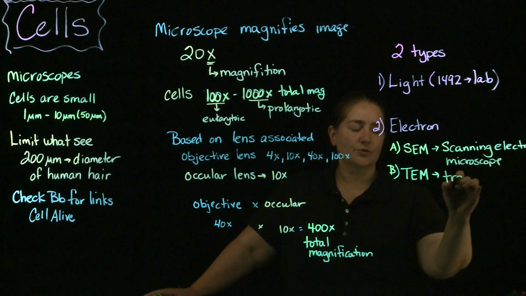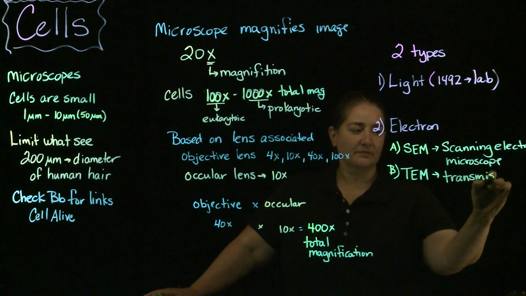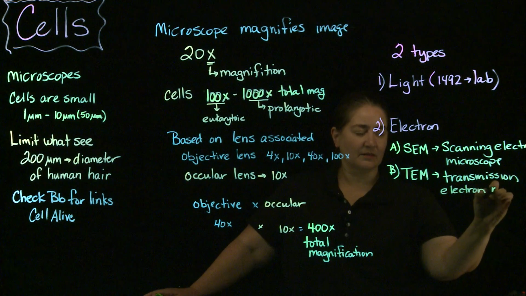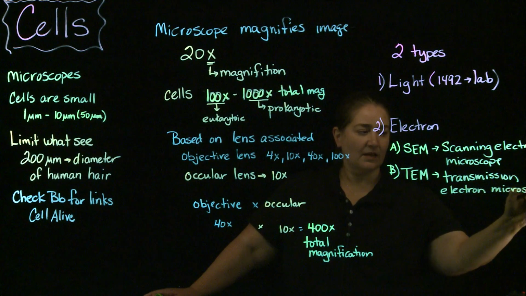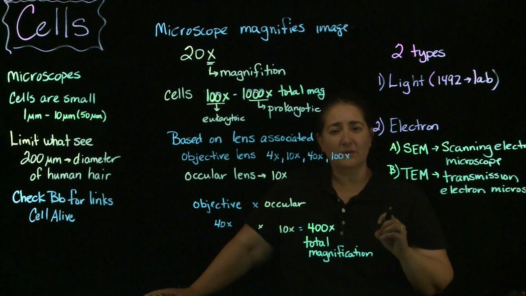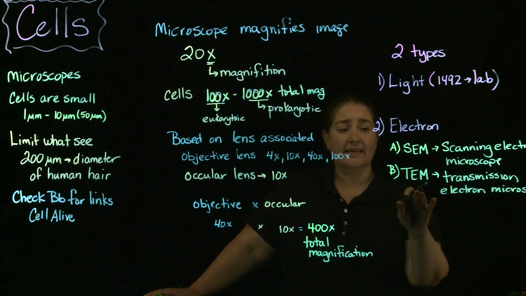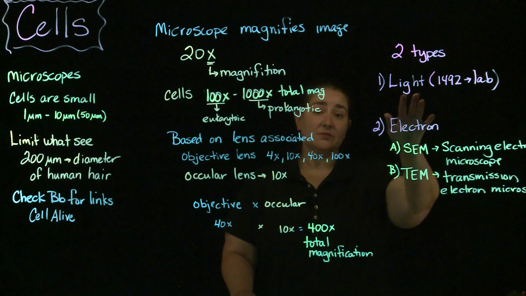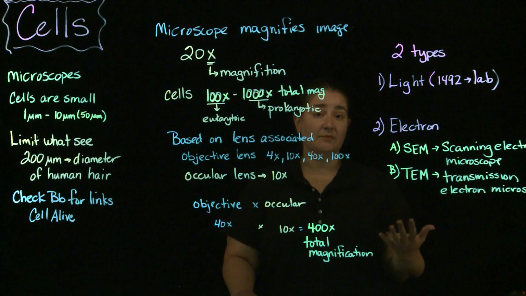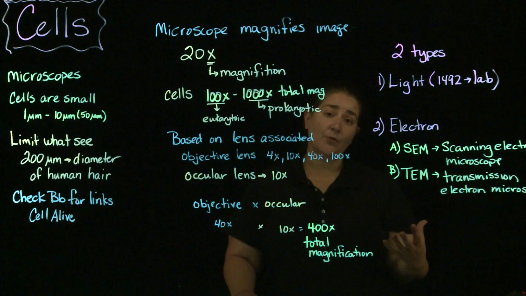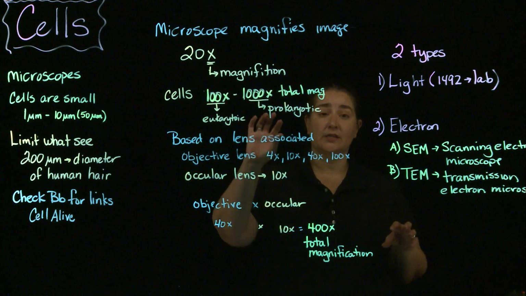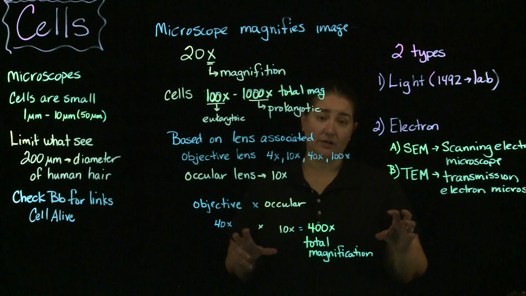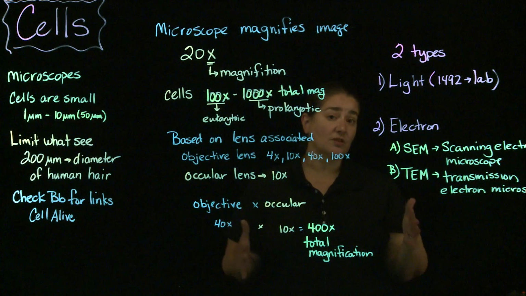The T stands for transmission. And there are going to be some differences in what you see between a scanning and a transmission electron microscope. Just like there'll be some differences you'll see as far as a light microscope. I have some images in the PowerPoint for you to look at on the differences between a light microscope, a scanning electron microscope, and a transmission electron microscope. So you can kind of see the difference as far as what you can see.